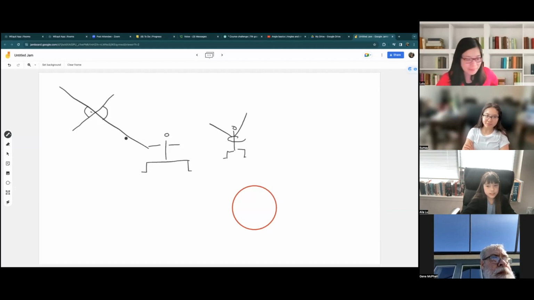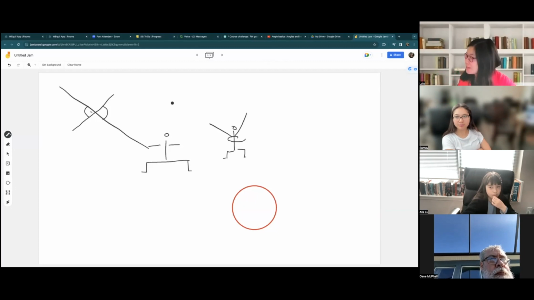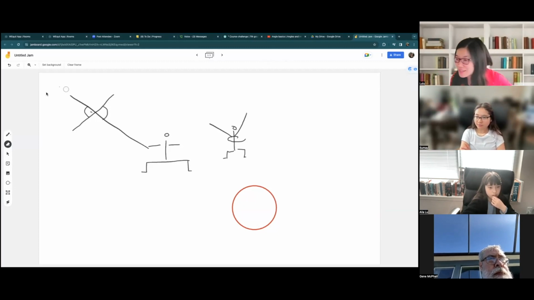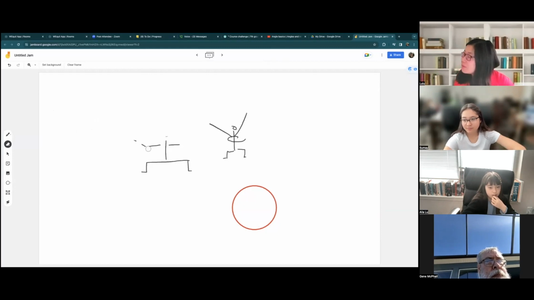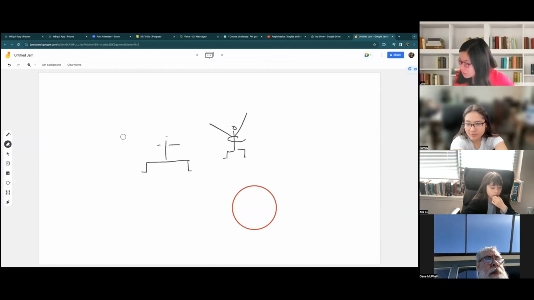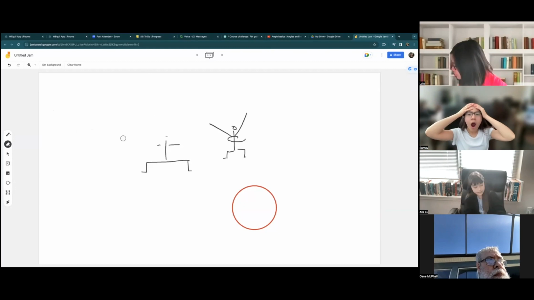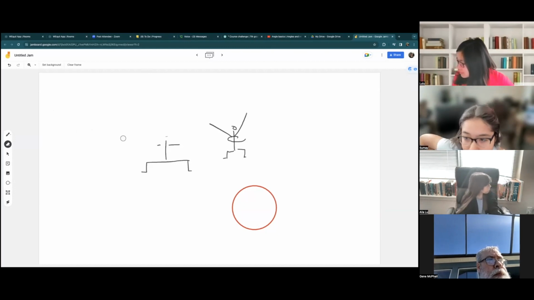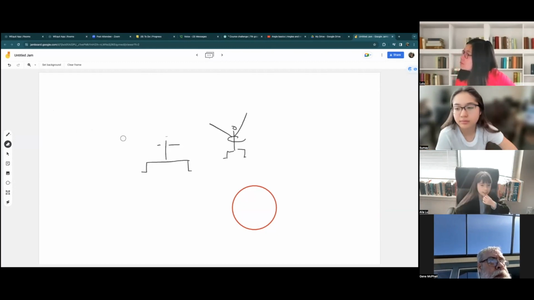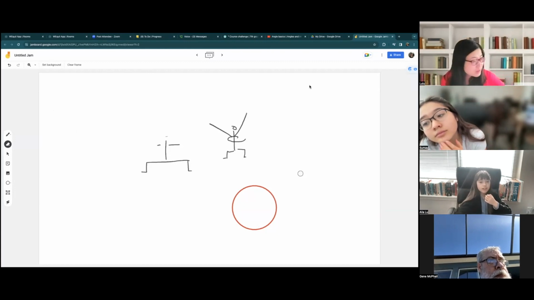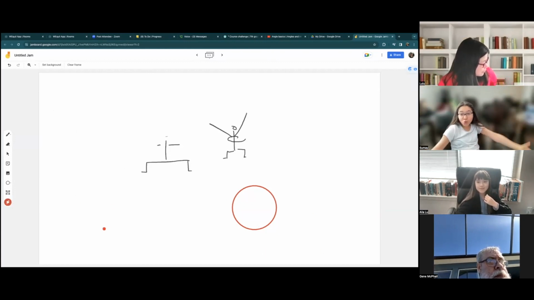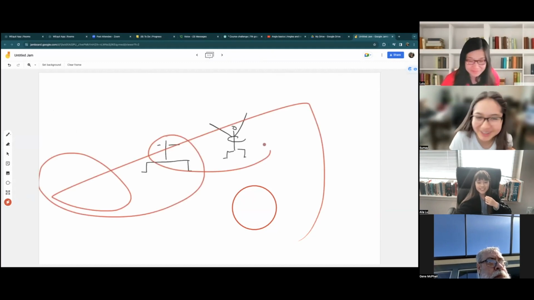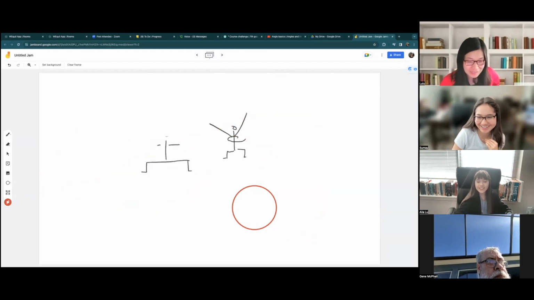And if you look around our apartment, you see 90 degrees everywhere. Look at the corner of the room, or look at a door. So angles are everywhere. That's why it's important to learn about them, even in Taekwondo.